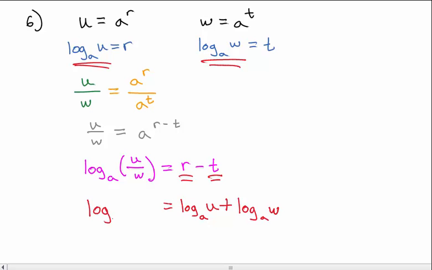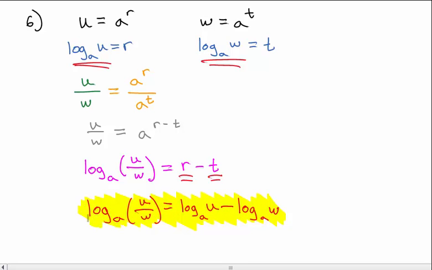So we get this new property that log base a of u over w is equal to the log of u plus the log of w. Whoops, big mistake there. It was a minus in the problem. It should still be a minus. There we go. Minus, minus, minus. It was r minus t.